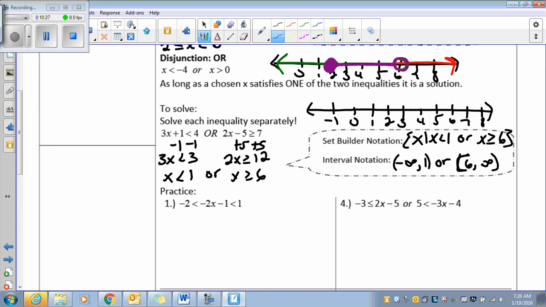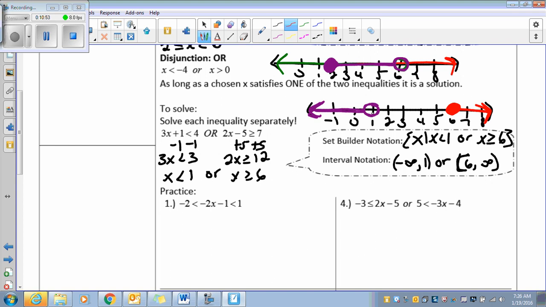So we have x is less than 1, or we have x is greater than or equal to 6. Because the solution can satisfy one or the other, we can leave the graph just like this with the two inequalities graphed.